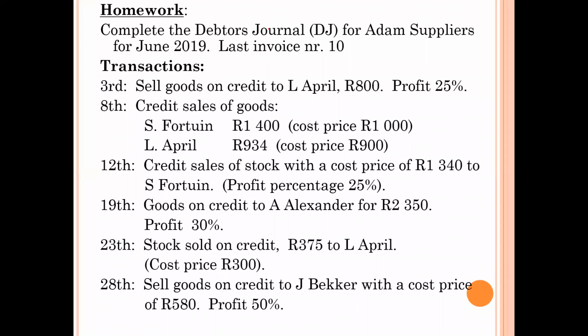Right, so let me first put quickly in the chat group the headings for you. Right, there you will see. So you're going to have a document number column, a day column, a debtors column, a sales column, and a cost of sales column.